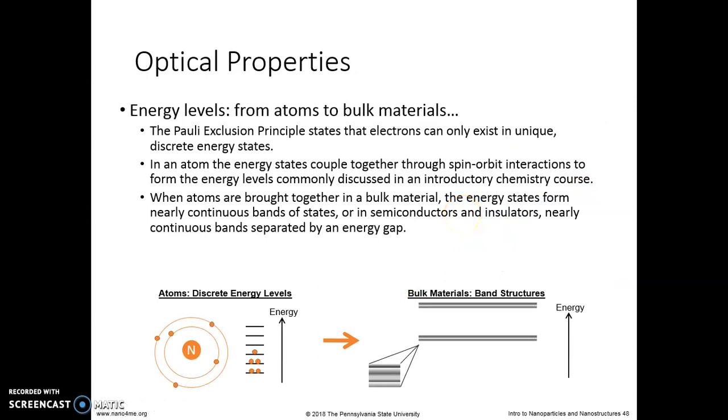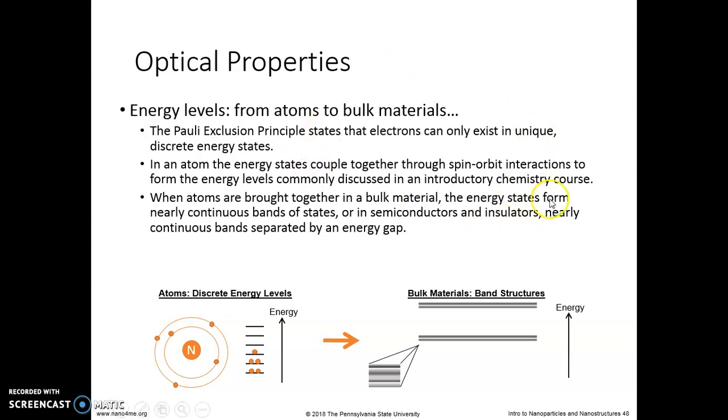Then energy levels, from atoms to bulk material. The Pauli exclusion principle states that electrons can only exist in a unique and discrete energy state. In an atom, the energy states couple together through spin orbit interaction to form the energy levels commonly discussed in introductory chemistry courses.